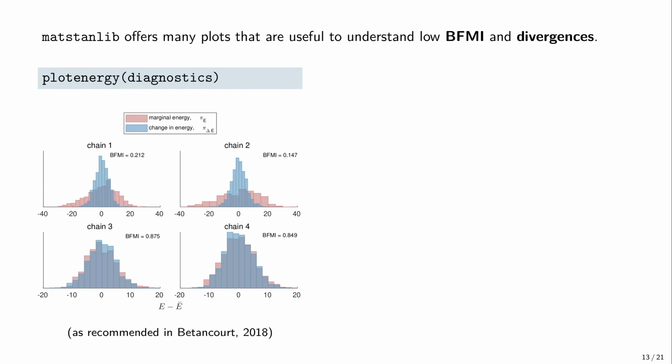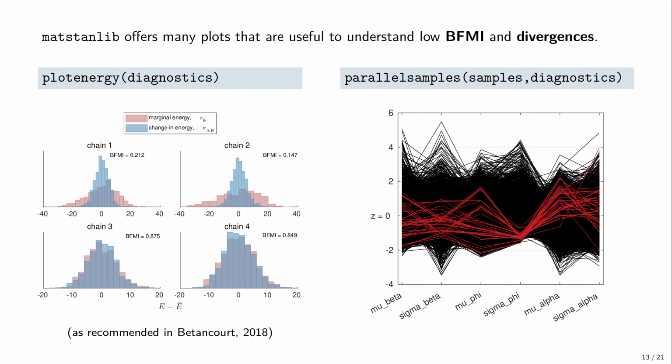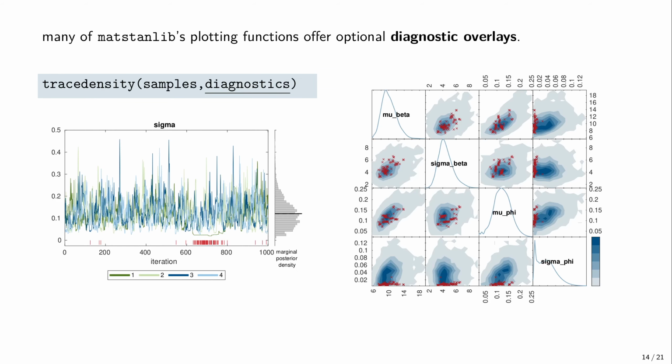Also, you can use energy plots to investigate low BFMI warnings, and you can use plots like this one to investigate which parameters might be driving the divergences. You can also investigate divergences with other plots because many plots offer diagnostic overlays.